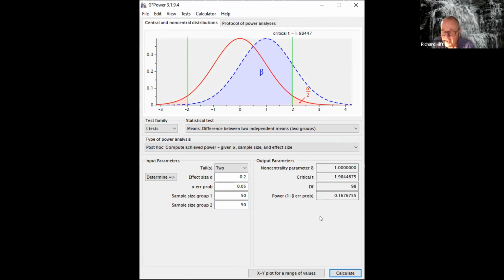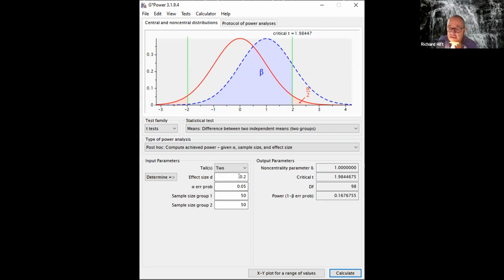Even if there is a real difference, you're only going to show significance 17% of the time. In other words, if you did the sampling 100 times, you would get significance in 17 of those and no significance in 83. So you would probably decide that that study is not worth doing, not with that sample size.